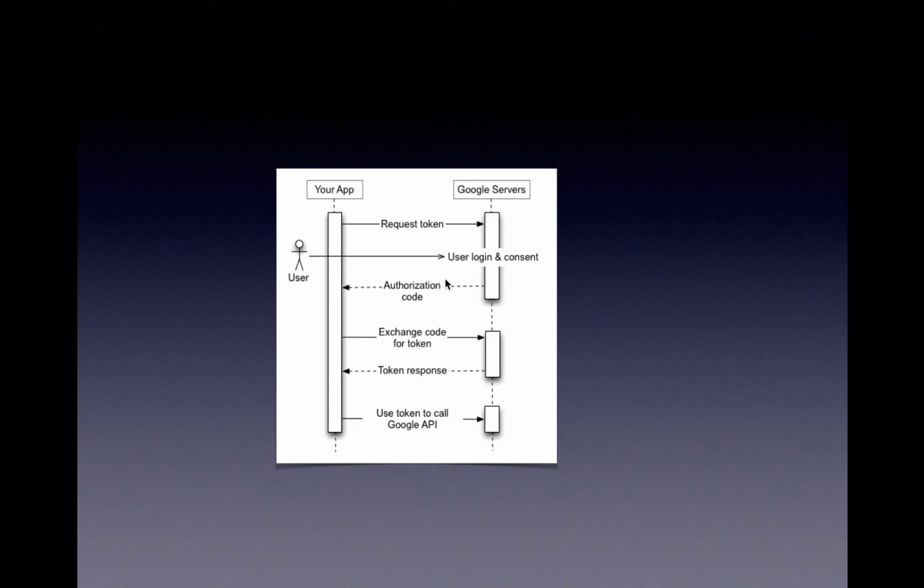That application, once the user logs in and gives it permissions, will redirect back to the actual application that is requesting access with a unique authorization code. That application will then send that authorization code and get a token back. And from that point in time, it will use that token to make as many API calls as it wants and access the user's data on behalf of the user.